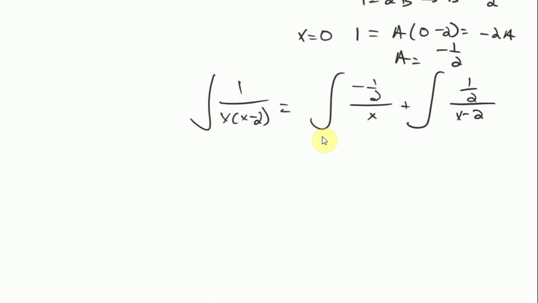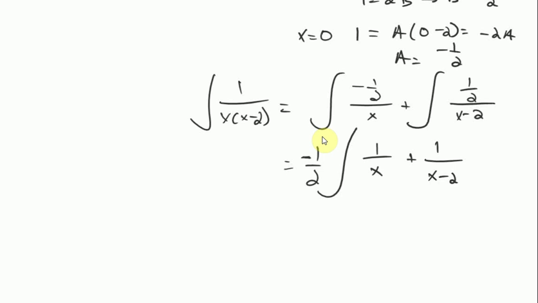Now we can obviously take things out, right? This is equal to 1/2 times the integral of negative 1. Actually, let's take out the negative 1/2 since we can cancel that later. 1/2 times the integral of 1 over x plus, I'm just going to do this all in one because I don't feel like writing the integral sign again, plus 1 over x minus 2.